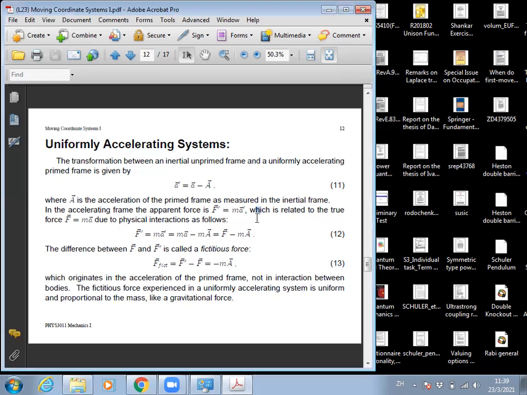All right. So if we have a particle of mass m, then the forces acting on the particle observed in two different frames are related according to the expression in equation 12.